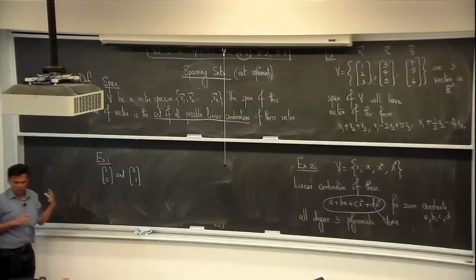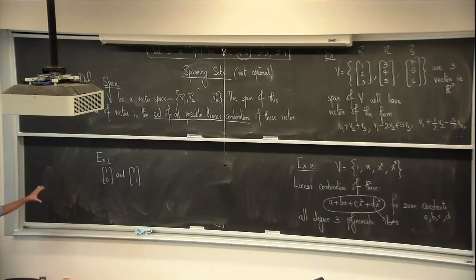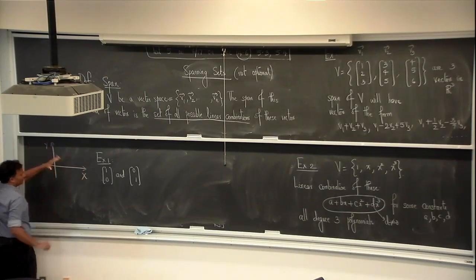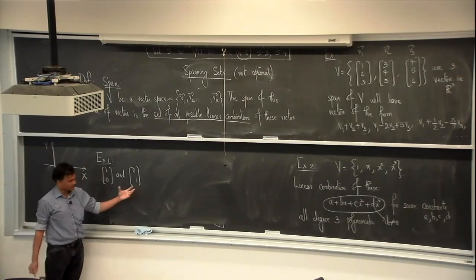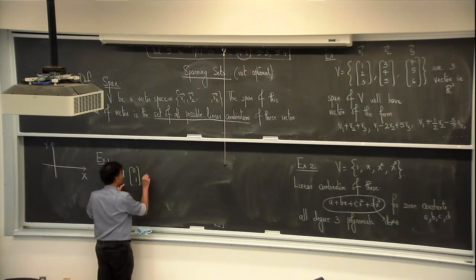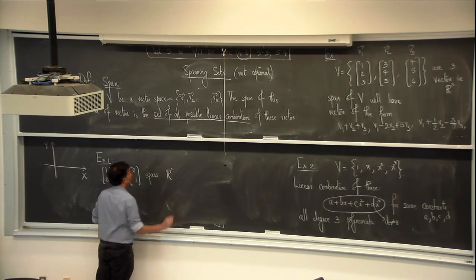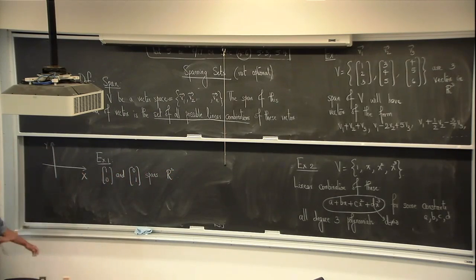Anytime you have a doubt about any of these linear algebra concepts, just go back to R2. This is the easiest thing you can draw and understand. This is your XY plane. These are the vectors along the x-axis and y-axis. These two vectors span the entire R2. You tell that to somebody, you will sound like a very educated person. Those two vectors span R2.